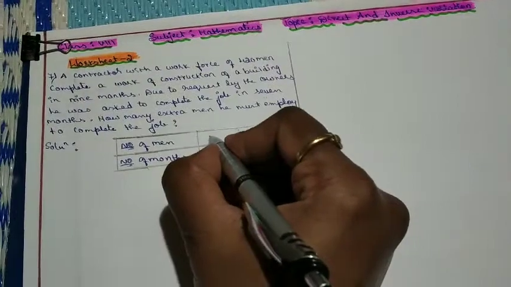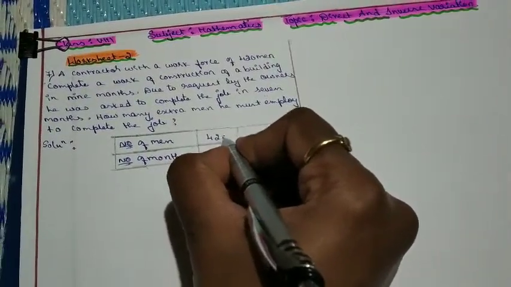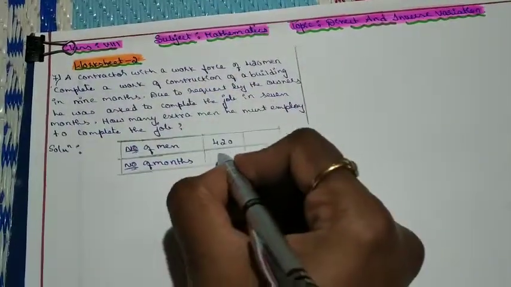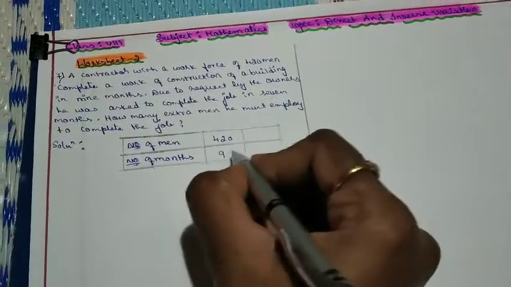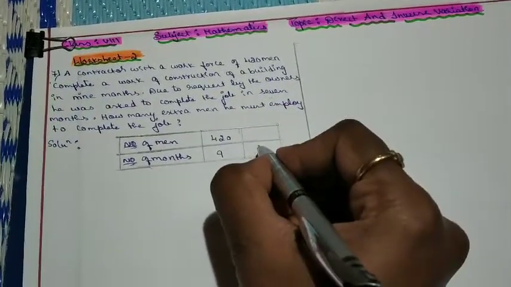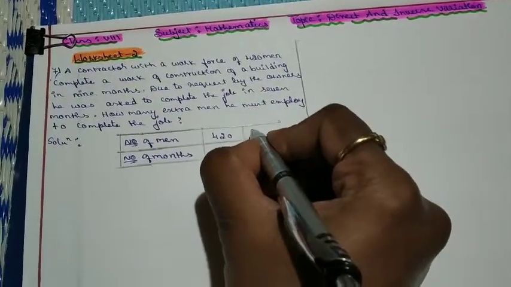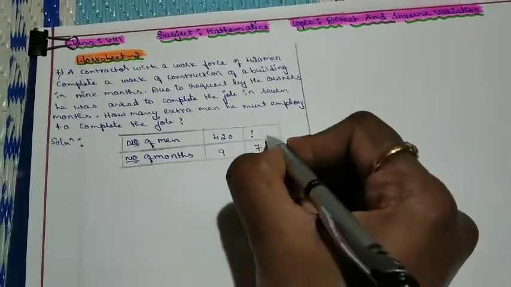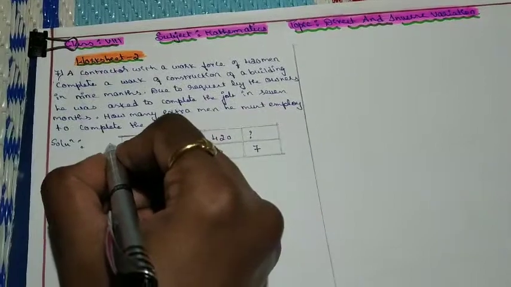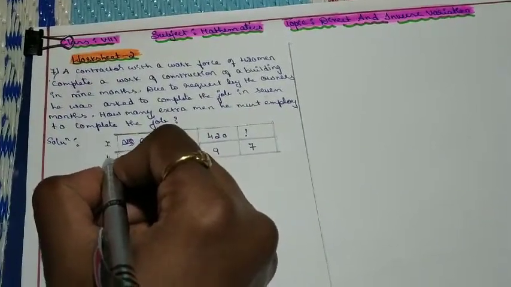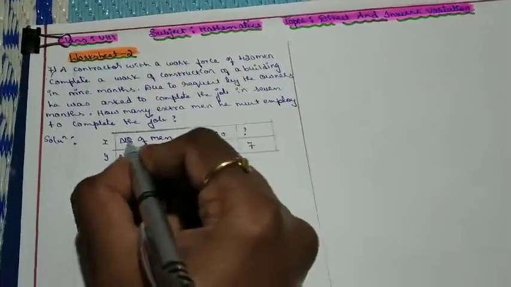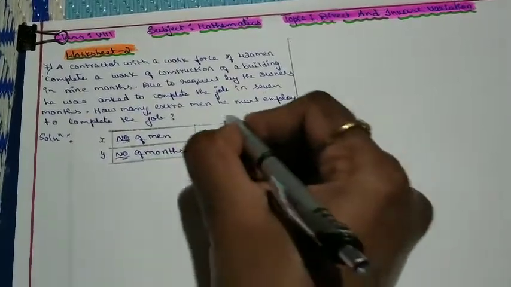So here 420 men complete the job in 9 months. If the job of construction should be completed within 7 months, then how many men are required to do the work? So let me take number of men be x and the number of months be y.